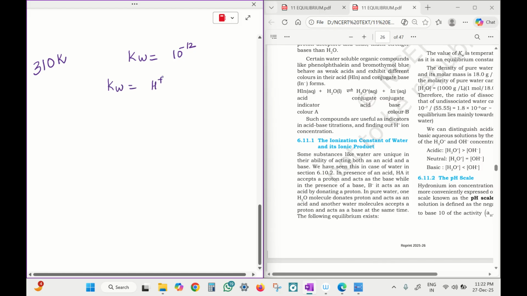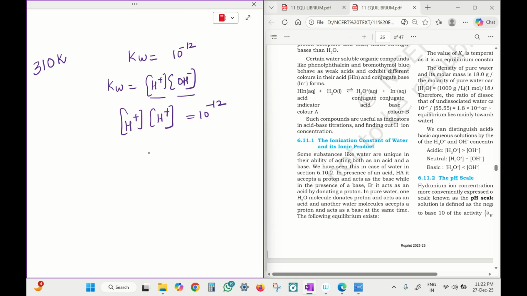It is the product of hydrogen ion concentration into OH- ion concentration. Whenever water dissociates, we know it produces equal amounts of H+ and OH-. So I can also put it as H+ ion concentration into H+ ion concentration is equal to 10 to the power minus 12. What did I do? I replaced the OH- ion concentration with H+.